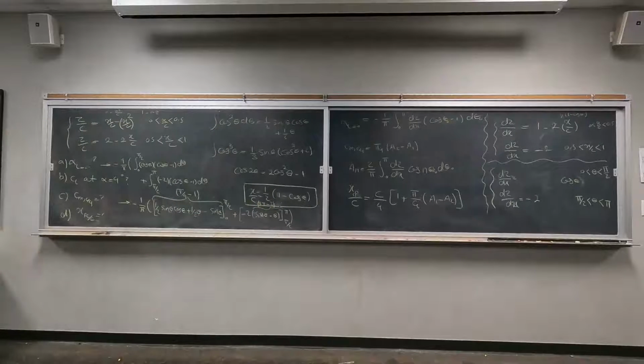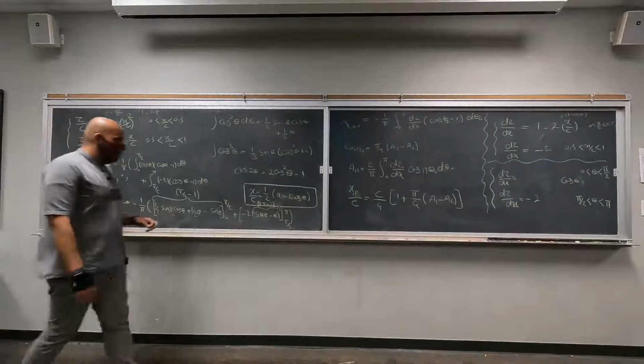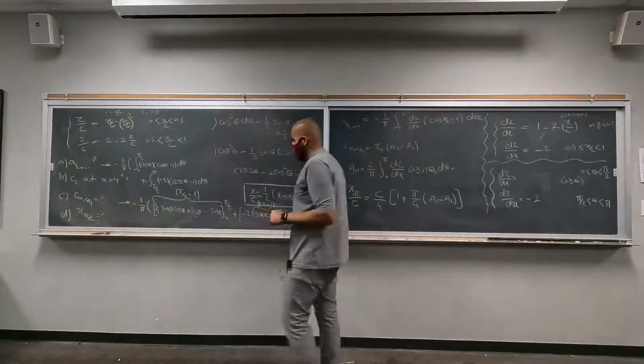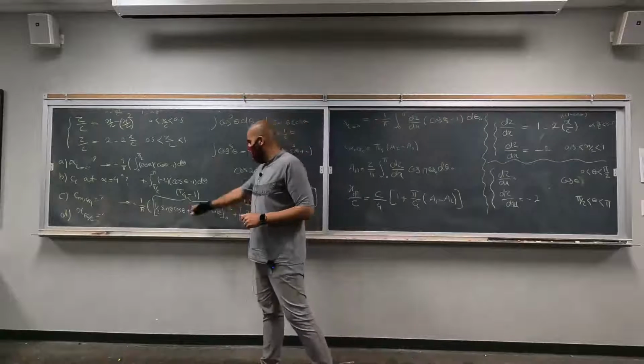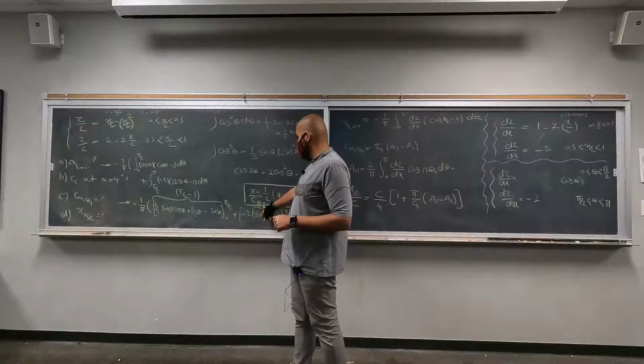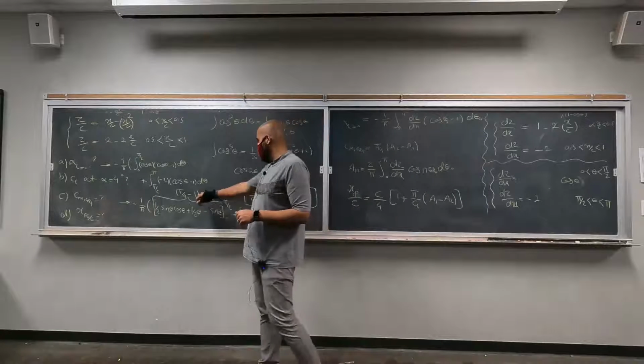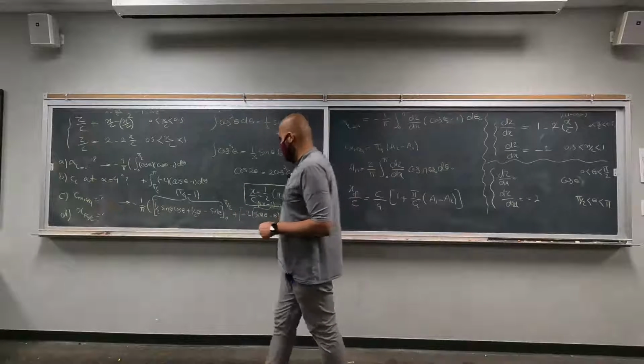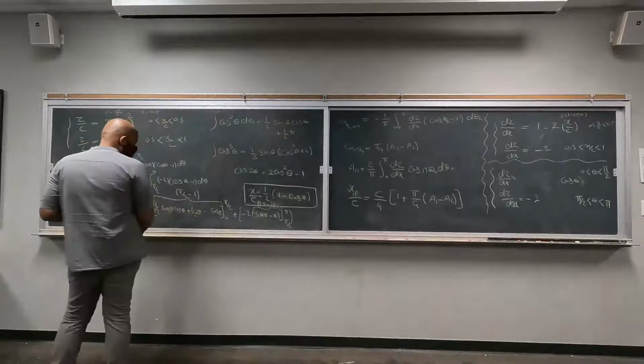Is this correct? I don't know if any one of you have gone that far. So pi over 4, we just have to add them up. This is 12 pi over 4, 13 pi over 4, minus 3, divided by pi.